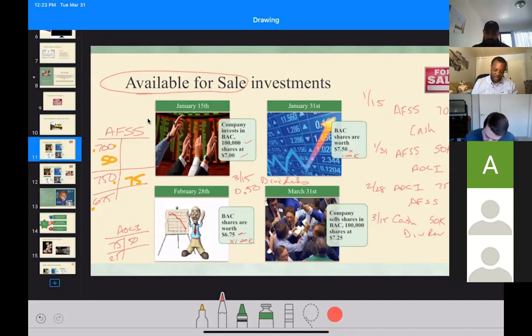My point is that this dividend revenue does not impact the investment account. Just like when we receive dividends for stock that we own, they don't take any stock away from us. They're just giving us money.